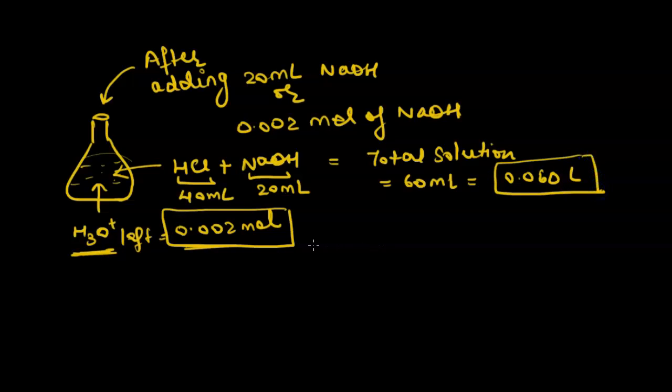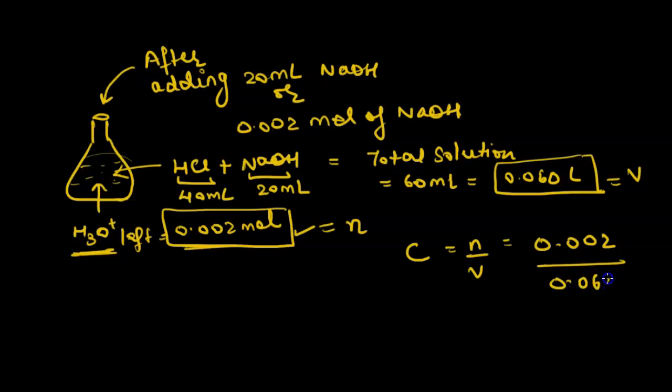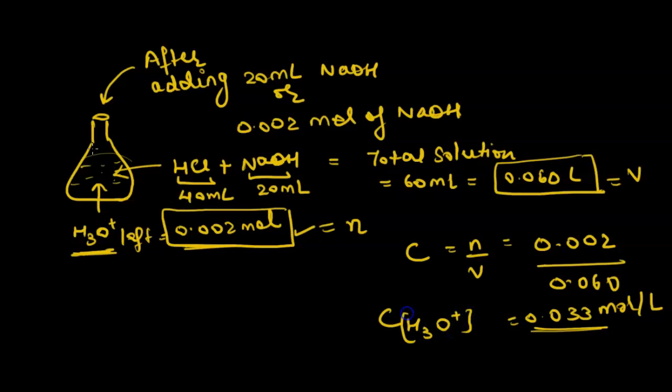Therefore, this flask is now containing these many moles of hydronium ions, and this is the volume of solution. We would use these moles and this volume to find out the concentration of this solution in the flask. We know concentration is number of moles divided by volume. Number of moles is 0.002 divided by 0.060, that is equal to 0.033 moles per liter. And this is the concentration of hydronium ions present in this flask.